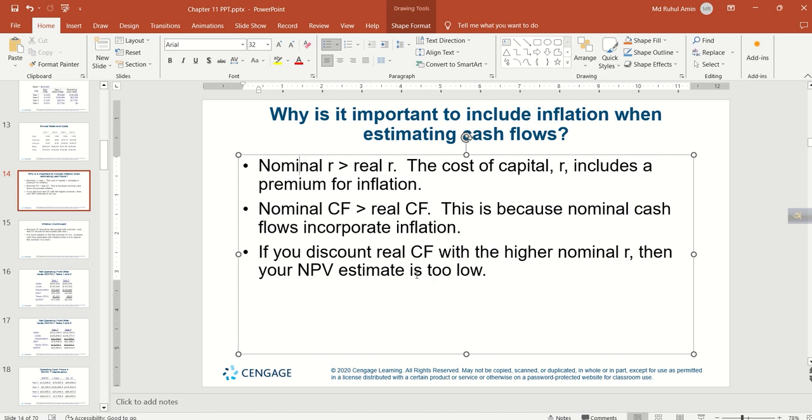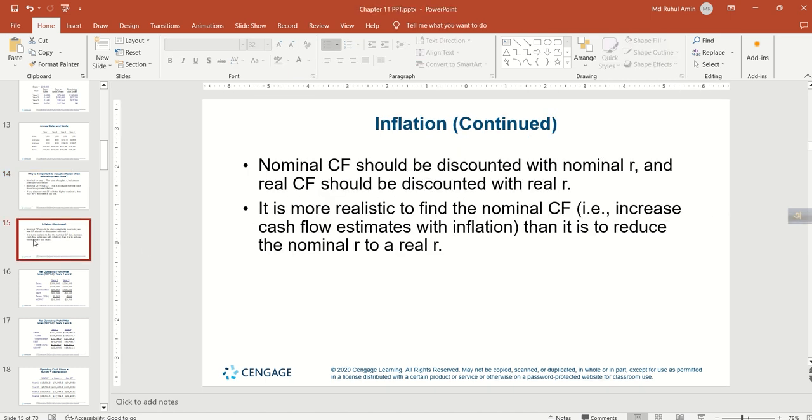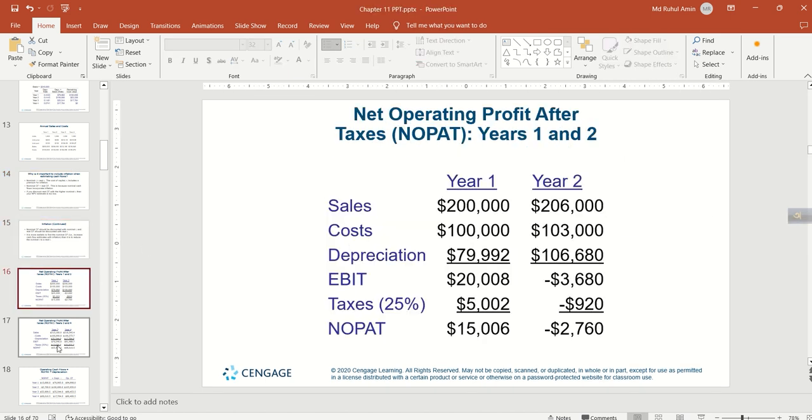If you discount real cash flow with the higher nominal rate, then your NPV estimate would be too low. If it is too low, you will reject this project. But actually, it is not true if you consider nominal cash flow. So if you use nominal cash flow, use the nominal cost of debt, and if you use real, don't use nominal cost of debt. That's the idea.